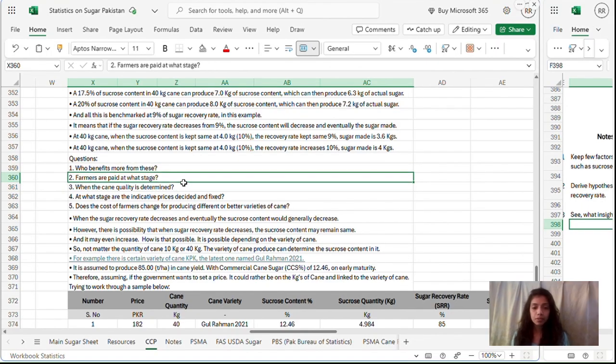Second, farmers are paid at what stage? Let's say the mills purchase the produce, that is sugarcane, from the farmers, and then they crush it. Then they make the sugar. So do they pay farmers right at the time of purchase, or after they have crushed the cane, quantified the sugar made from it, and then make payments to the farmers?